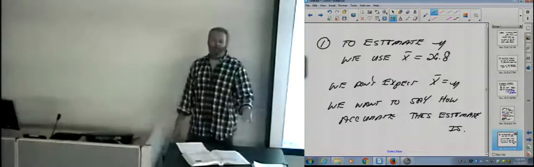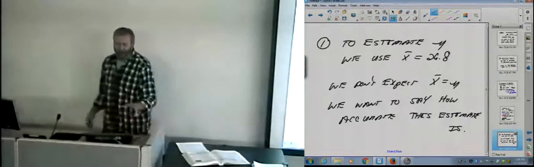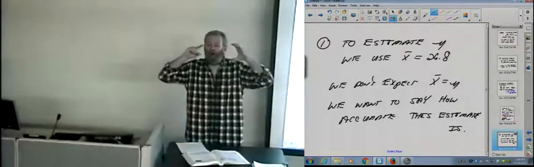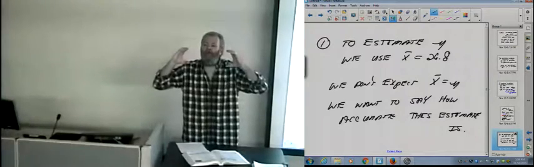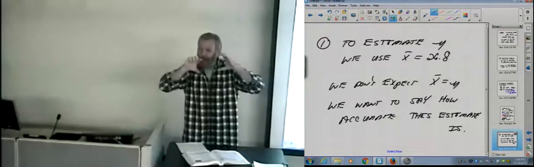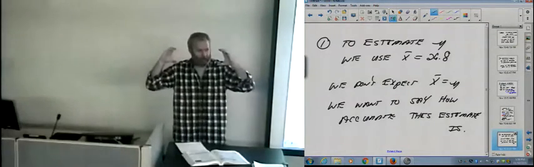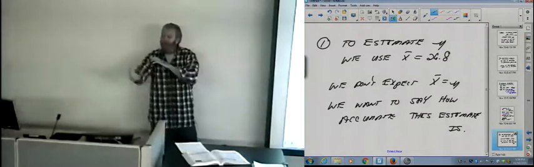We want to do better than this. When we want to say how accurate this estimate is, we want to give you an interval. Remember, confidence interval? We want to give you an interval of numbers around that 26.8 and say something about whether mu is in there or not. So we're going to take this one step further.